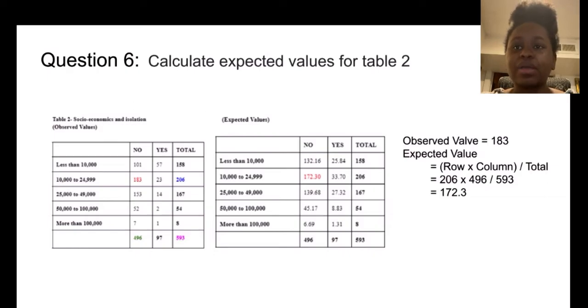The expected value is calculated by row value, which is 206, times column value, which is 496, divided by the total, which is 593. That gives us 172.3. When we continue further, we would do the square of observed value minus expected value over expected value, and that gives us 0.66 for this category of 10,000 to 24,999.